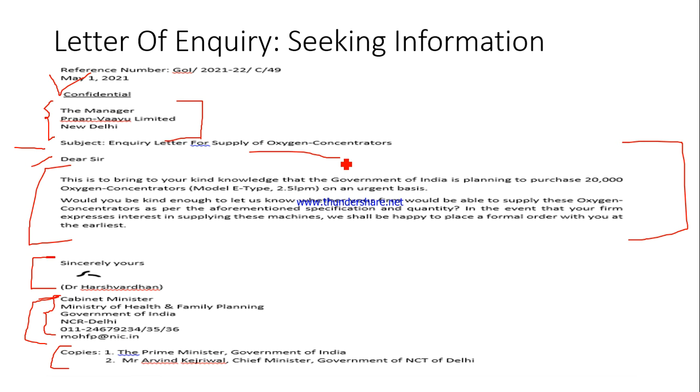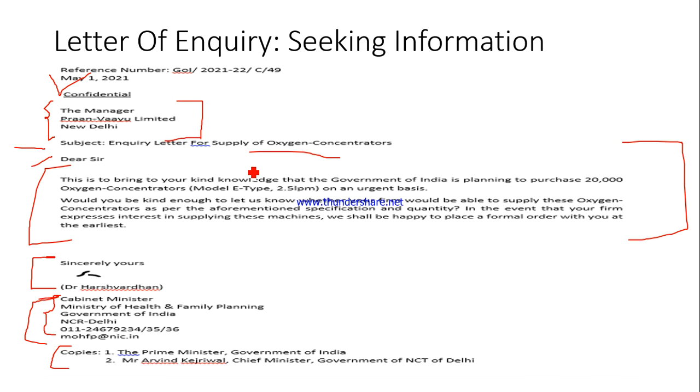Because you know that the second wave of COVID-19, which started somewhere in March, April, because of that there was a huge requirement of oxygen concentrators, and probably this letter has been written somewhere around that time. So the date which has been given is 1st May. So the Government of India as a customer wants to find out from the potential supplier, Pranavayu Limited, whether they have the ability to supply oxygen concentrators.